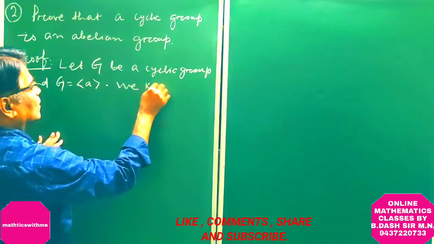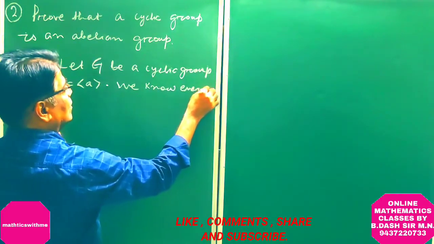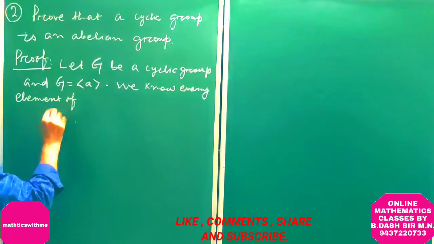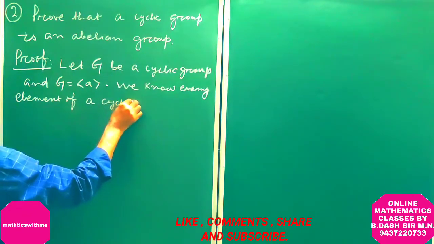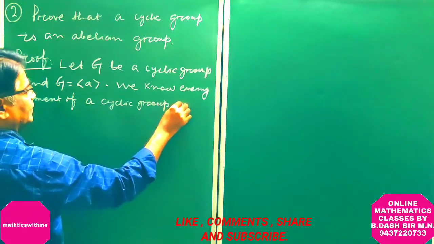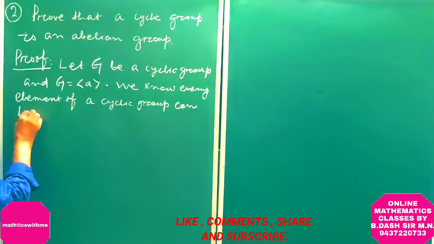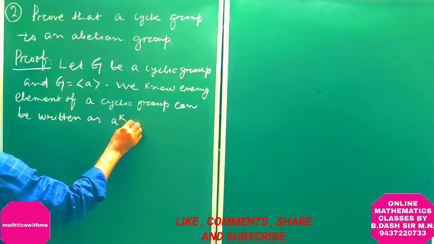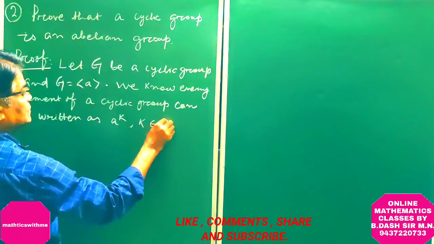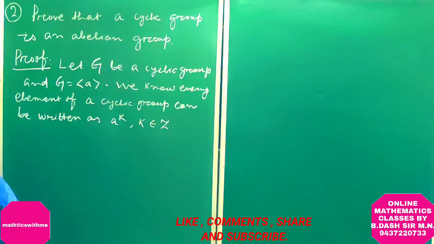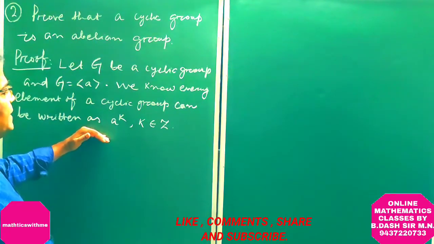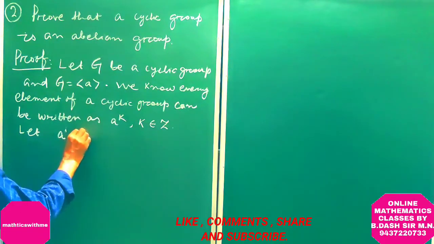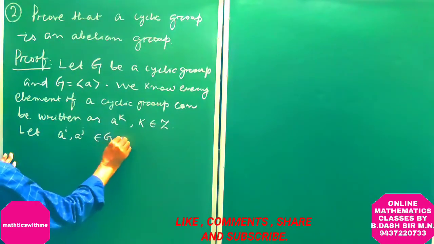We know every element of a cyclic group can be written as a to the power k, where k belongs to Z. Let a to the power i, a to the power j belong to G.